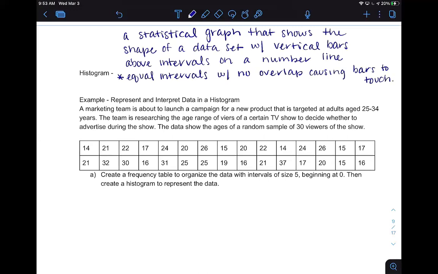Normally when you make a bar graph, there's going to be some spaces in between. Here we're not going to have any spaces. And then the height of the bar shows the frequency. Okay.